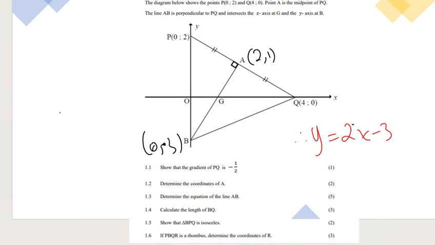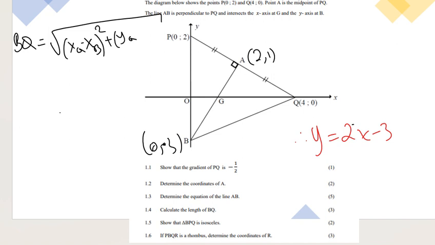So this is how you do it. BQ is equal to the square root of xq minus xb squared plus yq minus yb squared. Forgive me about my writing, it's something that I cannot change. Listen more to what I'm saying in words than what I'm writing down if you fail to see this writing.